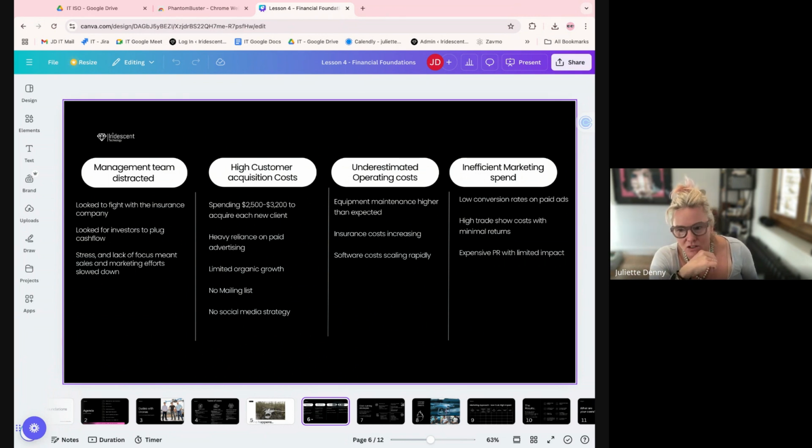The insurance company is not moving. There's constant conversations, constant resource going in to try to get the insurance company to move. They go back to their customers to see if something could be done there. So a lot of time, effort, and energy is being wasted on trying to manage this event. And all of that has a really high impact on the rest of the business.